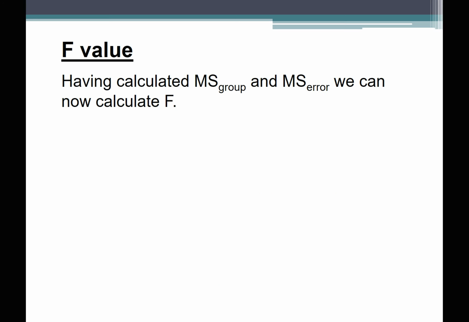So once we have taken all our deviations, squared them all, and summed them all, then we divide by our degrees of freedom for both our group and our error, and then we can calculate our F ratio.